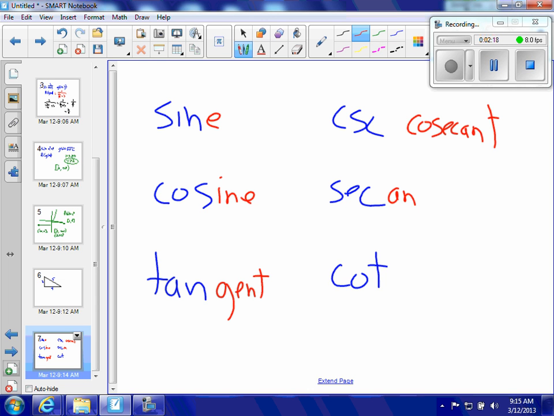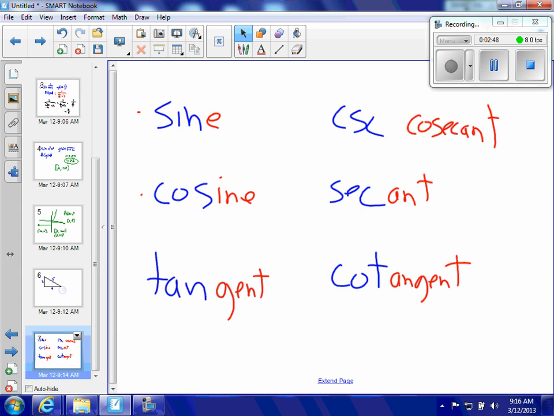Secant and cotangent. Now the fact is, although you'll want to know all of these in many different varieties and forms, you really only need to know 2 of them. If you know sine and cosine, you can derive all the other trigonometric functions.